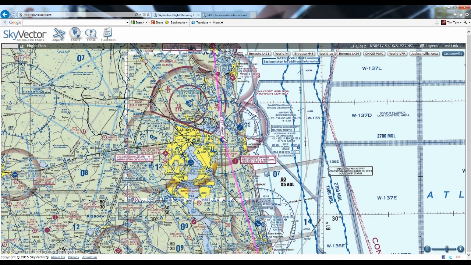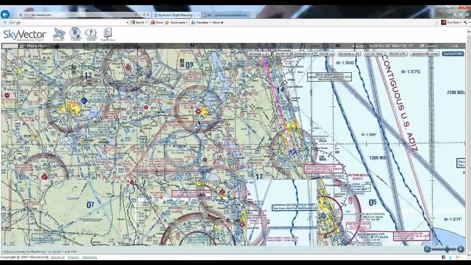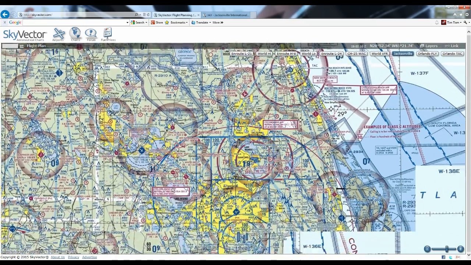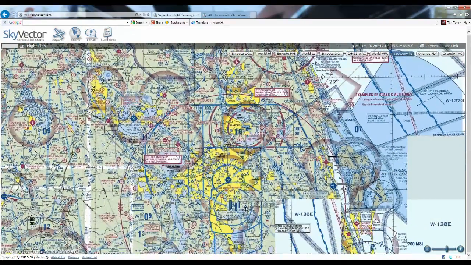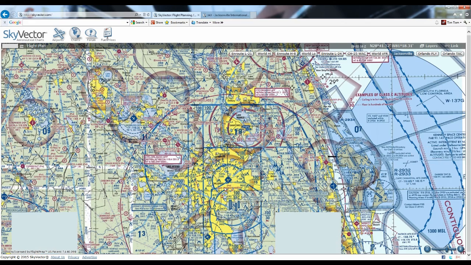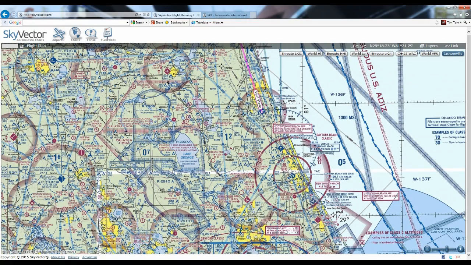Some point prior to crossing 20 nautical miles from Jax, and these are relative to the primary airport for the approach control, which normally, if it says Jacksonville approach, is the airport they're talking about here. So if you go back down here to Orlando, it'll say contact Orlando approach. Look for Orlando's primary airfield, which will most likely be Orlando International. And the same over here with Daytona. Daytona Beach International is the primary.